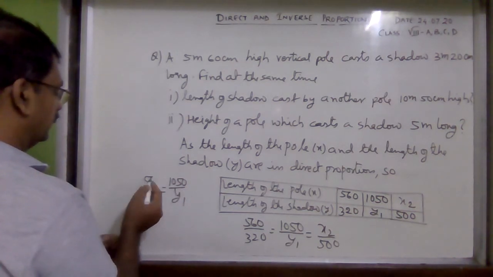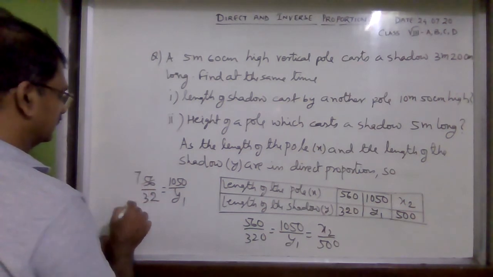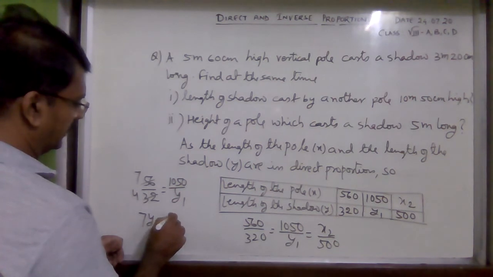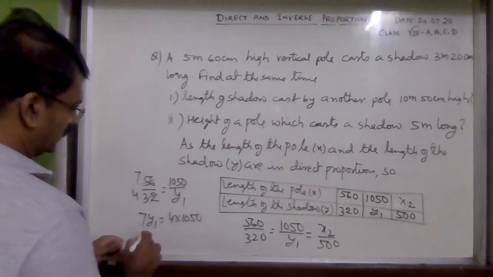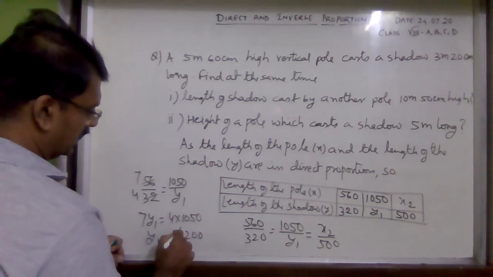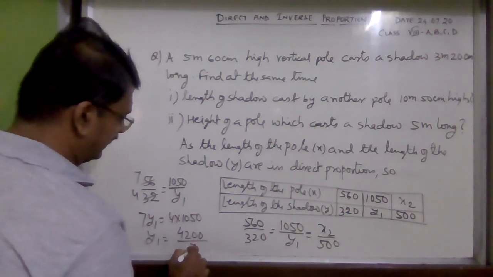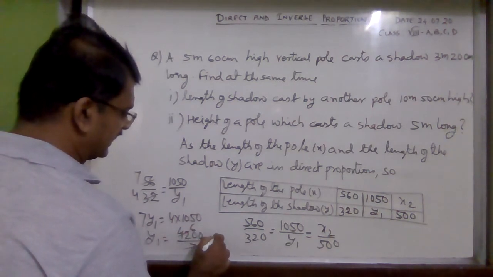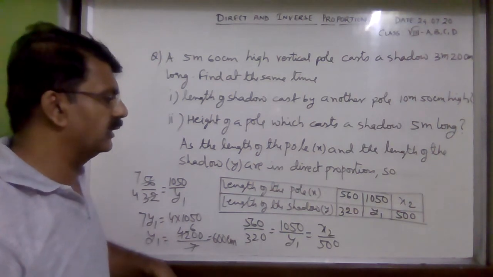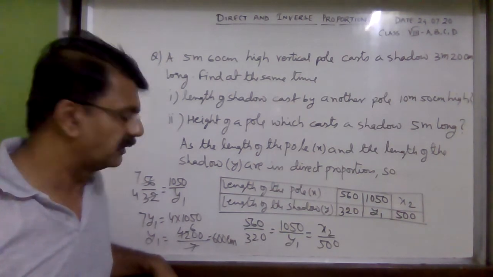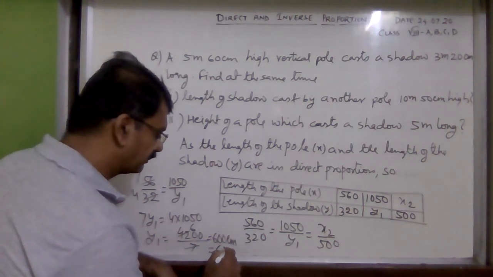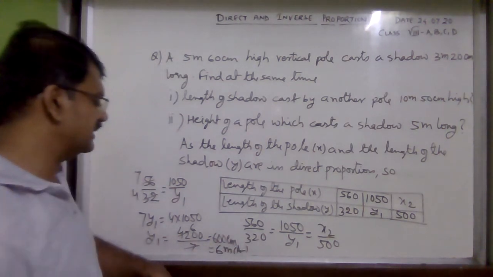Okay, you can cancel it by 8. Cross multiply. 7 y1 is equal to 4 into 1050. So y1 is equal to 4200 upon 7, 600 centimeters. So we have found that the length of the shadow when the length of the pole is 10 meter 50 centimeter will be 600 centimeter, or 6 meter.